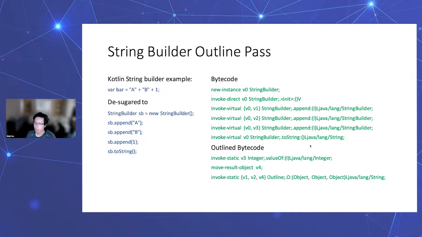So you can see here we introduce an outline function. It's called outline.o, and it takes all the components, and inside of this function it does the string concatenation. Therefore we can reduce the code size down to almost O(1). It's not exactly O(1), but it's almost O(1).